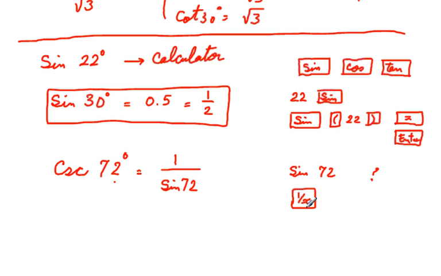Or if you don't locate this, or it is just not there, you have to say 1 divided by, let's assume that we have one of these calculators, you press the sine, it opens parentheses for you already, most of them do. You say 72, close the parentheses, and then press the equal sign.